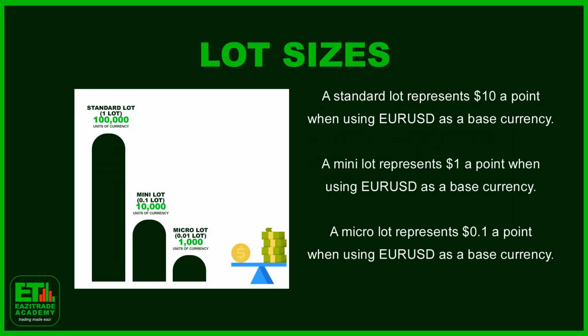Let's read. A standard lot, which is one lot, is 100,000 units of a currency. A standard lot represents $10 a point when using EUR/USD as a base currency, while a mini lot represents $1 a point, and a micro lot represents $0.01 a point.